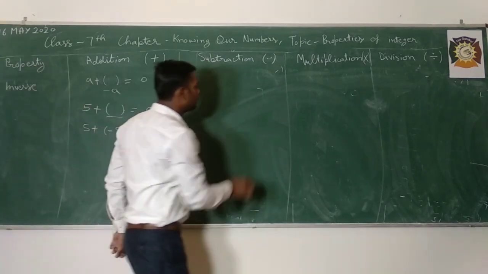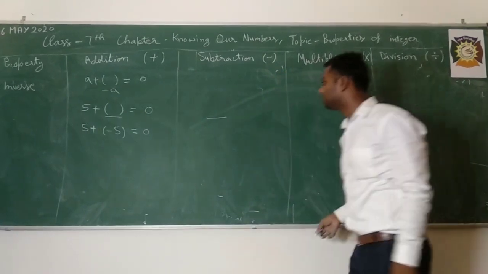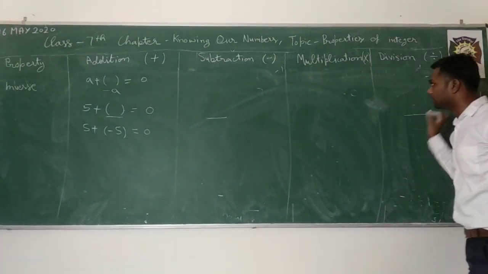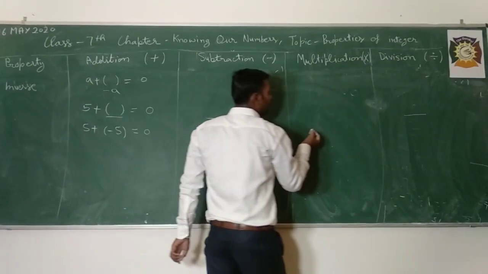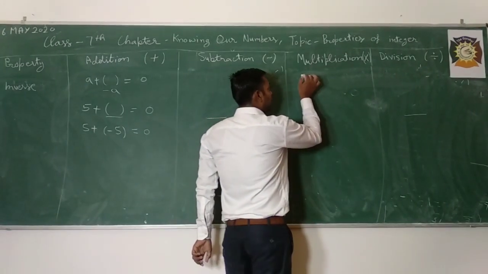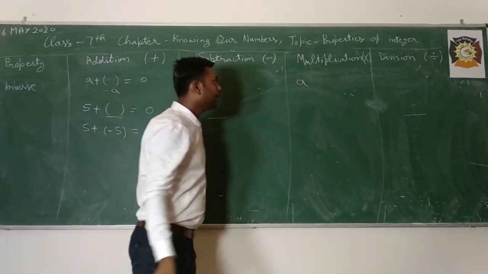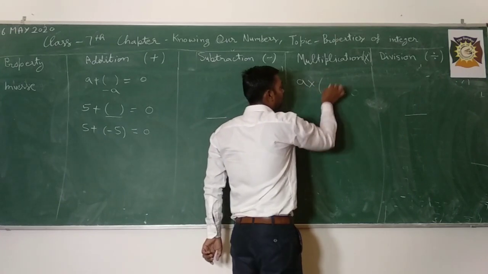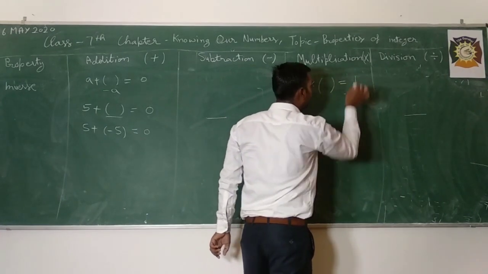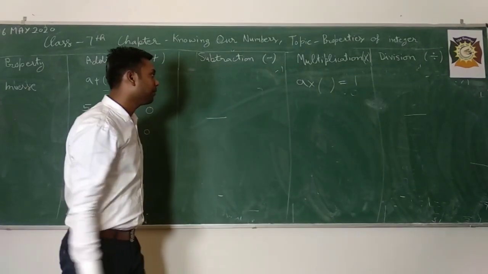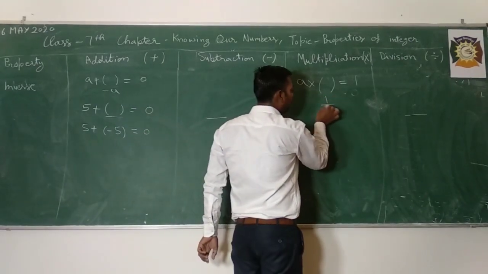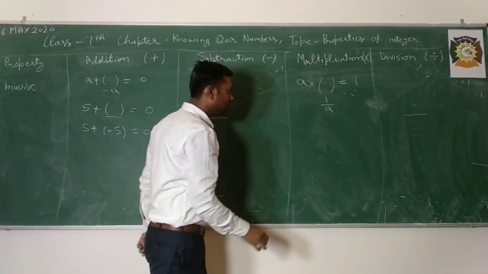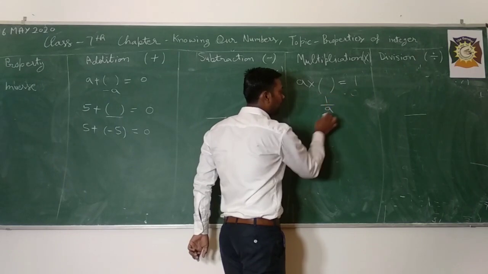Subtraction inverse does not exist, and the same goes for multiplication. Multiplicative inverse: take an integer a, and multiply it with an integer to get the multiplicative identity, that is 1. So we have to multiply a by 1 by a. That is our multiplicative inverse.